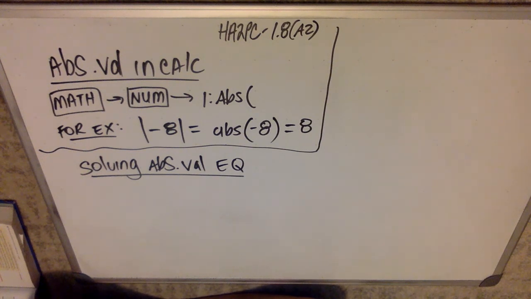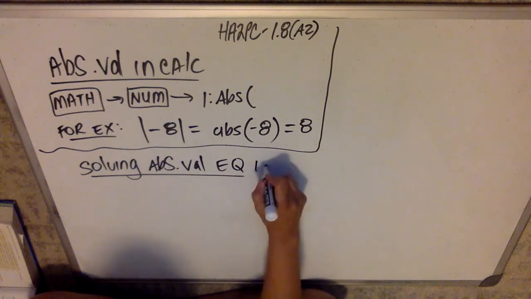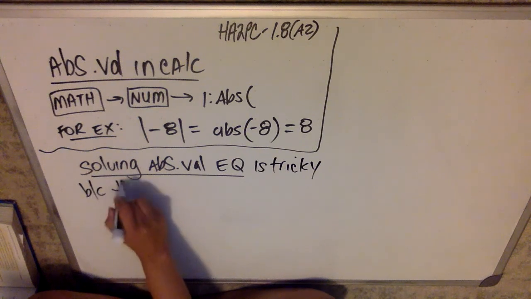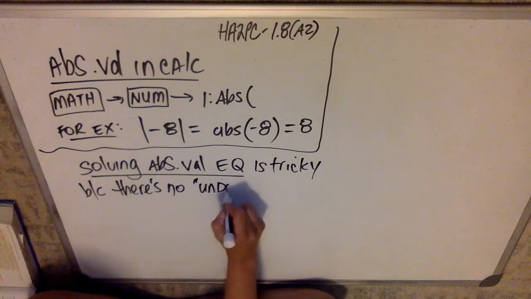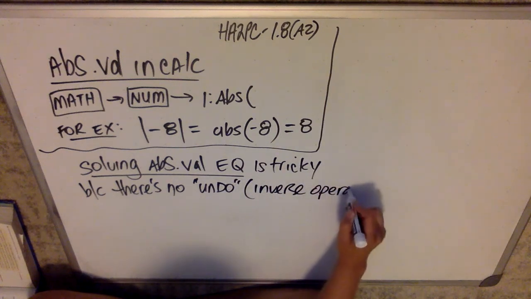If the last thing you did in order of operations was the S, because you did PEMDAS, then when you want to undo order of operations to solve, the first thing you have to do is start at the SA. You do SADMEP, which is the reverse of PEMDAS. So solving an absolute value equation is tricky because there's no undo, which is really called an inverse operation if we're being fancy and mathy in our math class.